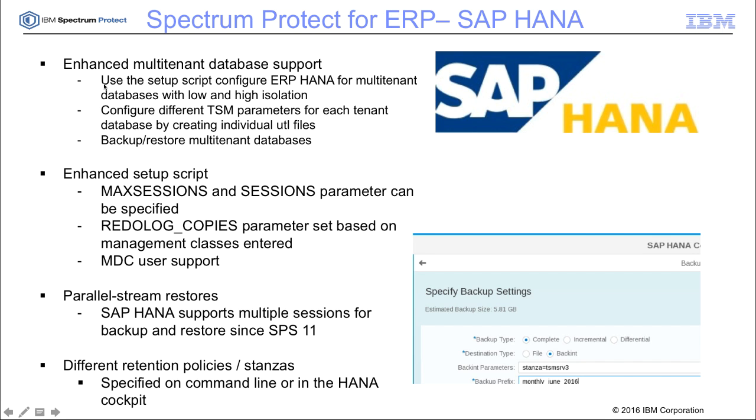And so in the setup script now you can configure ERP HANA for multi-tenant databases with either low or high isolation. You can configure different TSM parameters for each tenant database by creating individual UTL files, and you can of course back up and restore multi-tenant databases with SAP HANA.